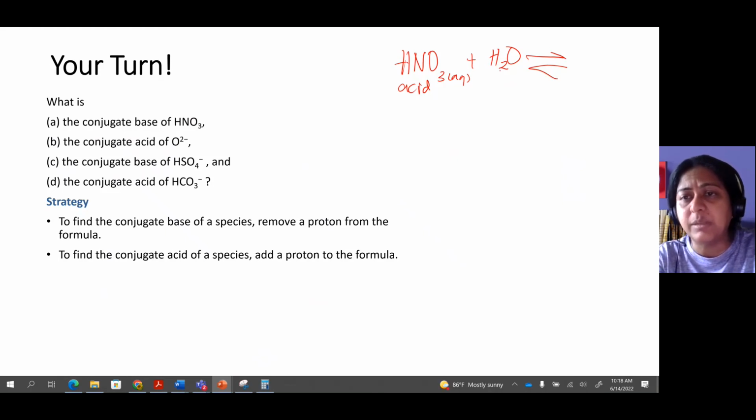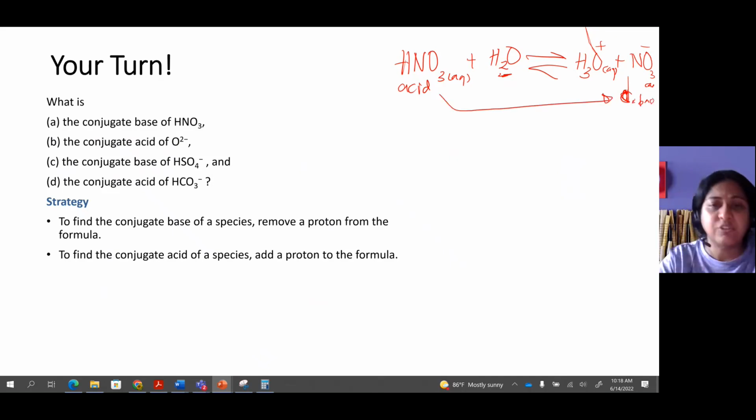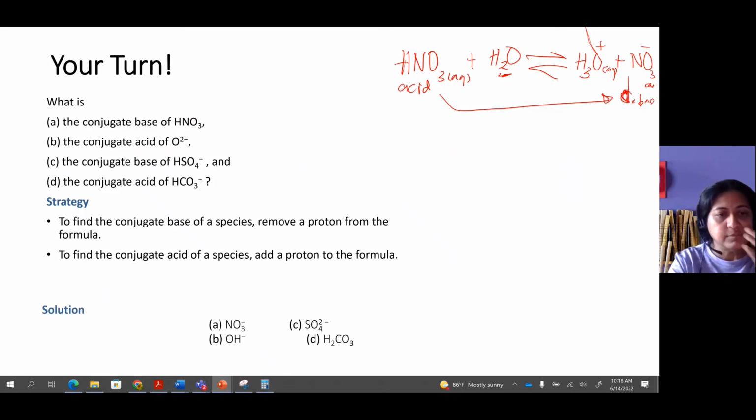Then that H plus will be accepted by a water molecule and become H3O plus, and NO3 minus is the conjugate base of the nitric acid, like that.